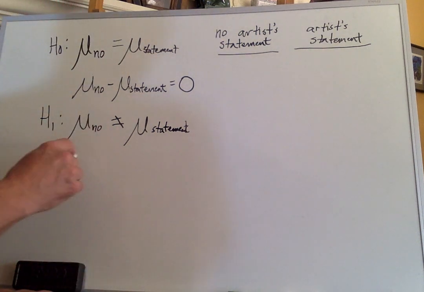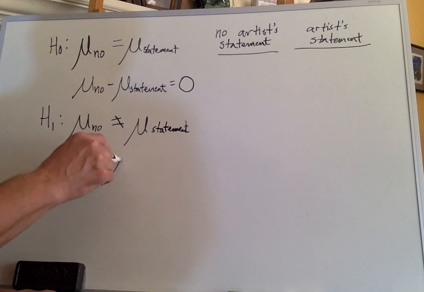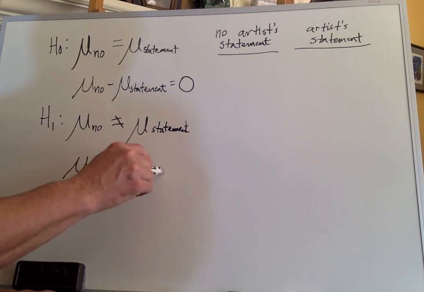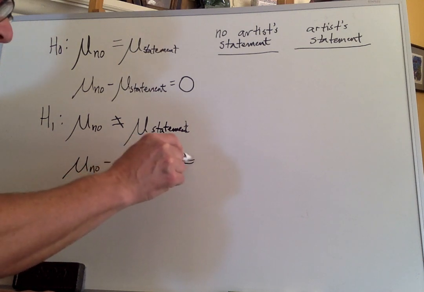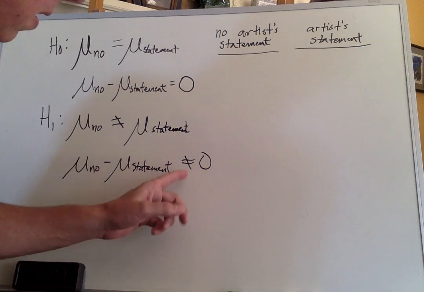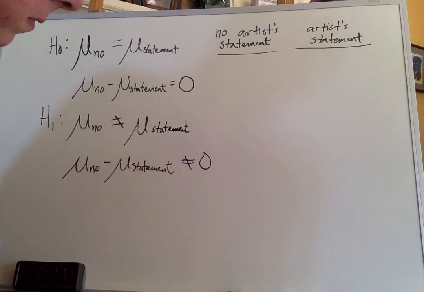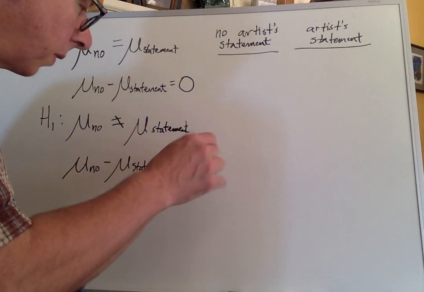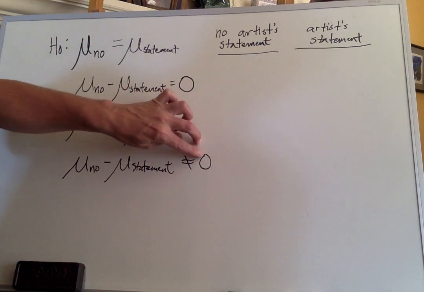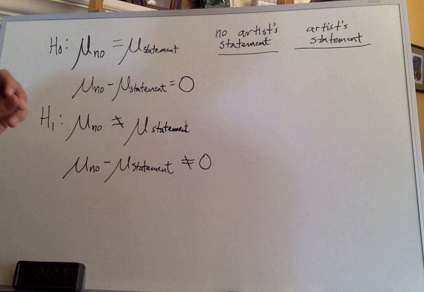Alternatively, we could write that as, if we compare the two, there will be a difference. That is, the difference between the two will not be 0. Okay? So those are our two hypotheses.